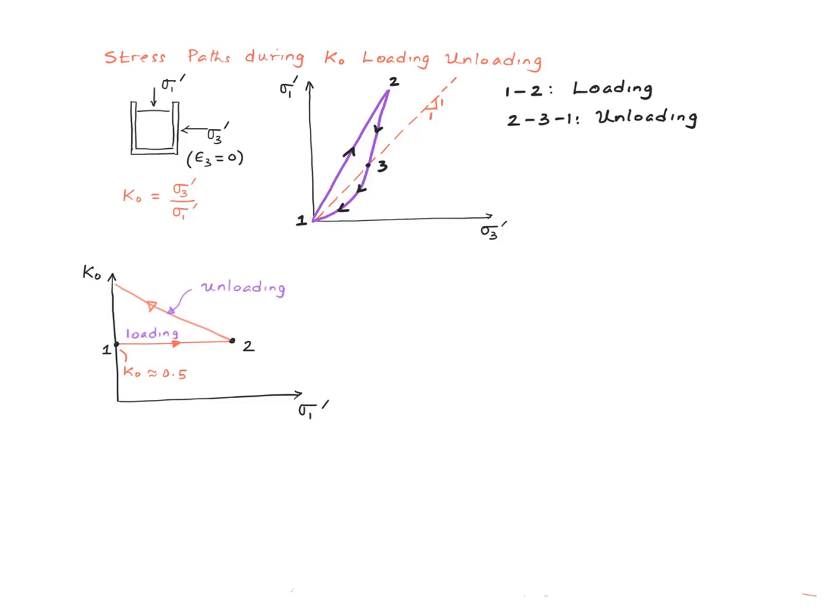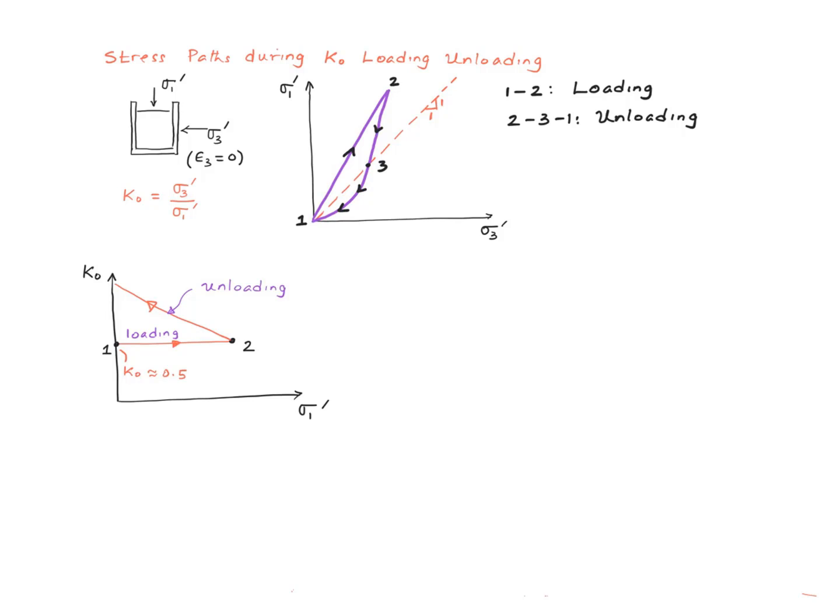You might be wondering about the practical significance of this, right? Well, when we unload, what are we doing? We are over-consolidating the soil. And therefore, soil at these points is over-consolidated soil.